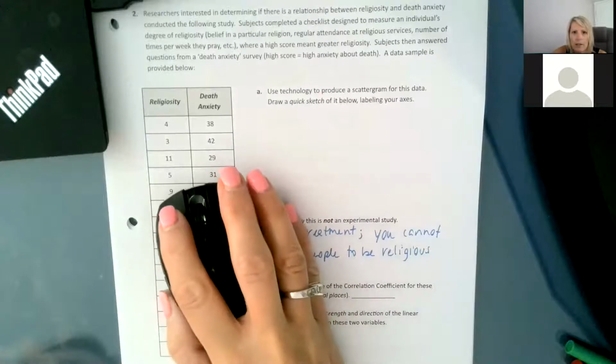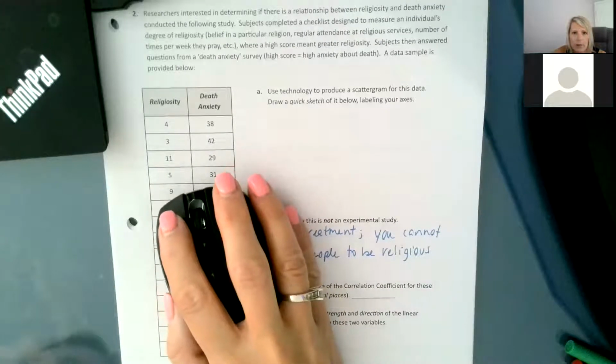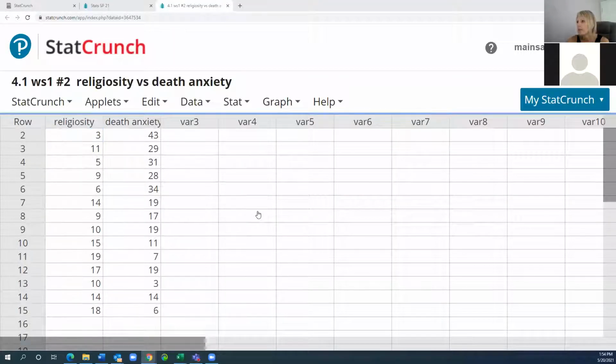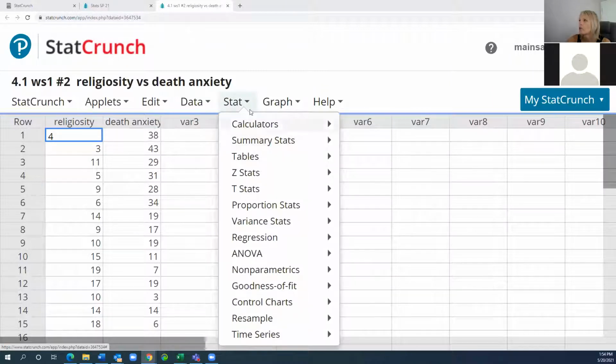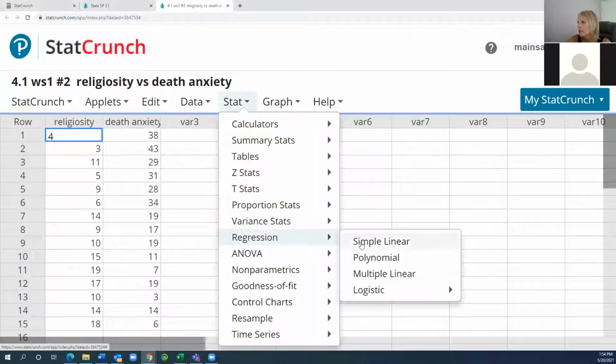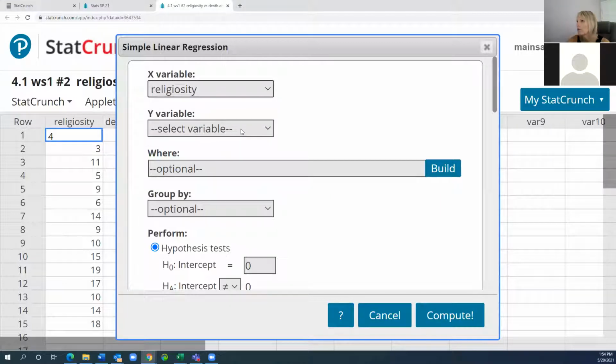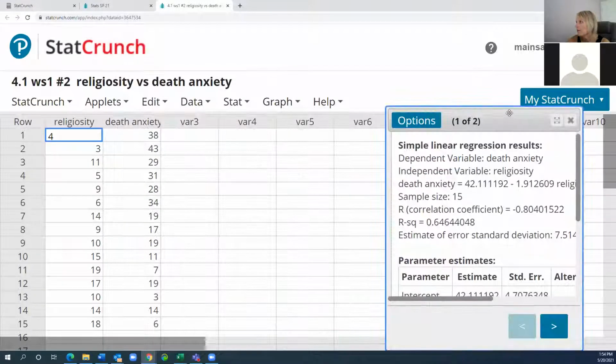I'm going to share my screen here so you can see my StatCrunch. Hopefully everybody has their StatCrunch open to their death anxiety data. Here it is. So I am going to go to Stat, Regression, Simple Linear, and religiosity is my X variable. Death anxiety is my Y variable, and I'm going to hit Compute because that's all I need to do.